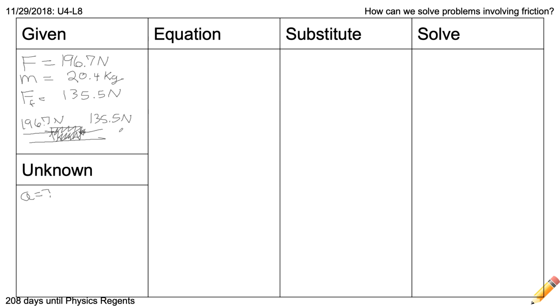To determine the acceleration, I'm going to need to use Newton's second law, where the acceleration is equal to the net force divided by the mass. So now we have to figure out what that net force is.